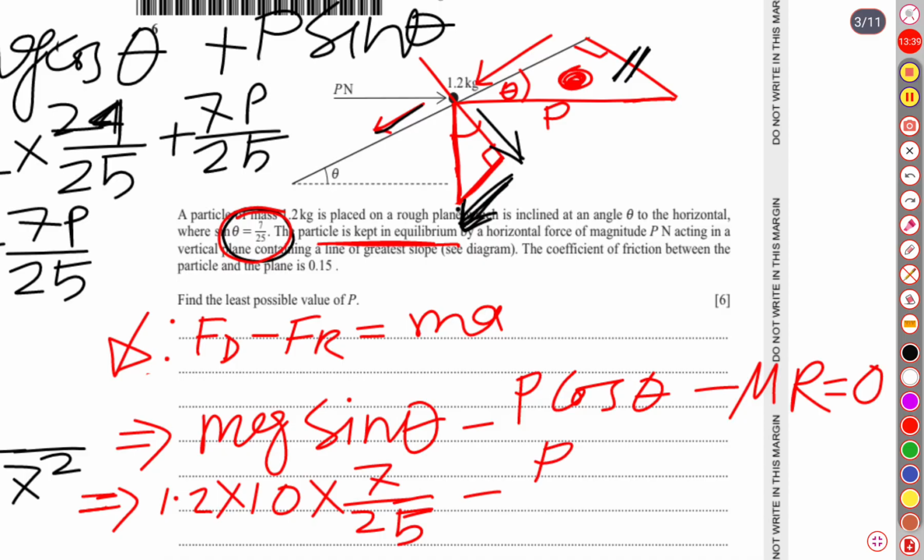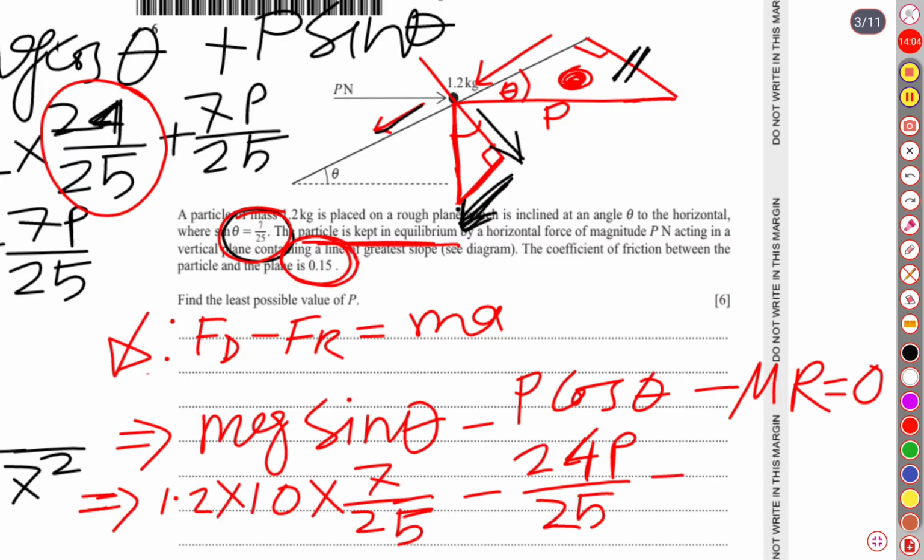Cos theta is 24 over 25, so it is going to be 24P over 25. And mu is the frictional coefficient. How much is the frictional coefficient?